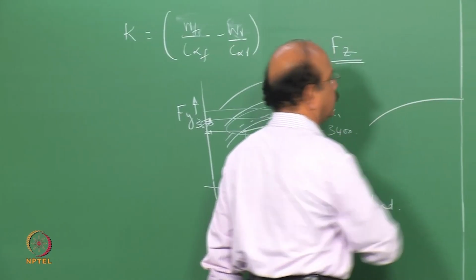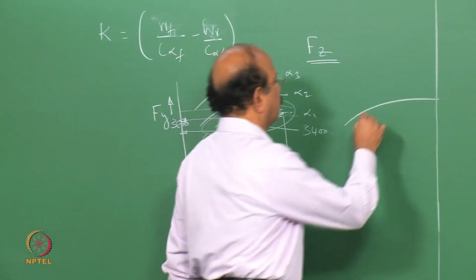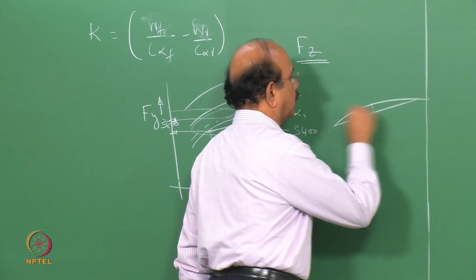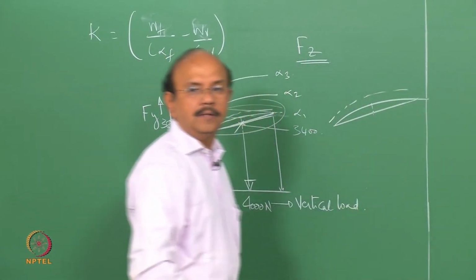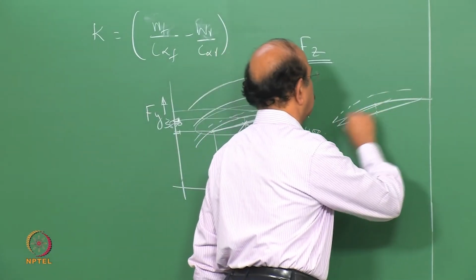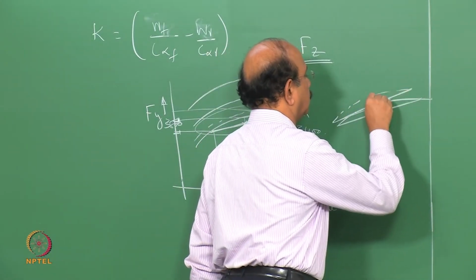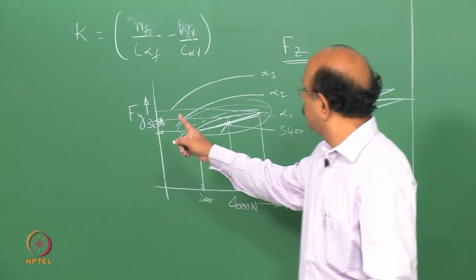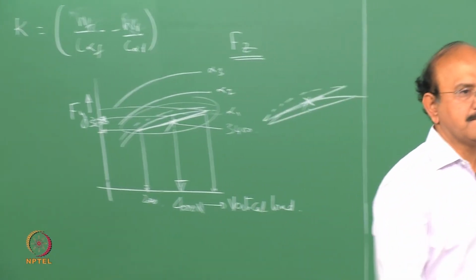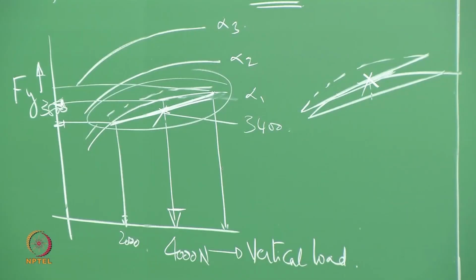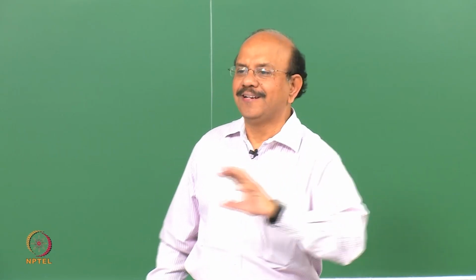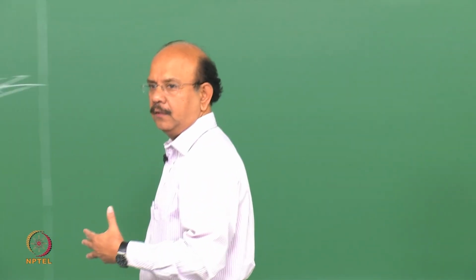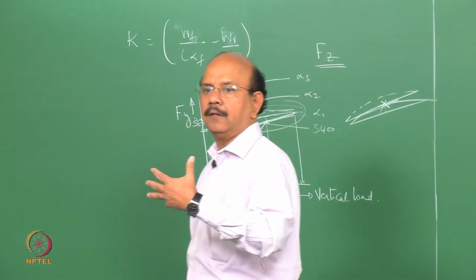So this is the one which was initially like this, and I had fallen short. So I have to now increase my alpha such that I come back to that 3800. So in other words, the roll, the redistribution of the forces, results in a change in the operating alpha.